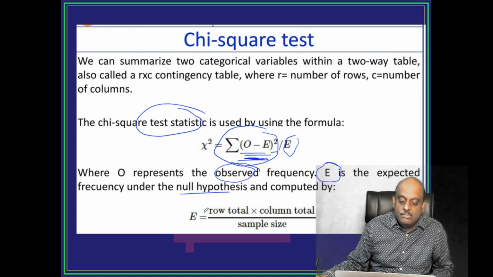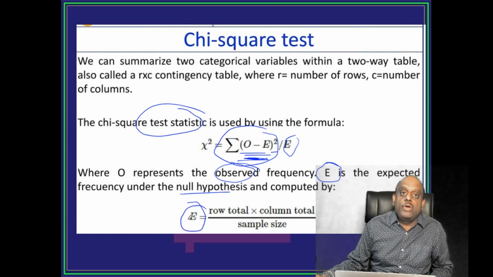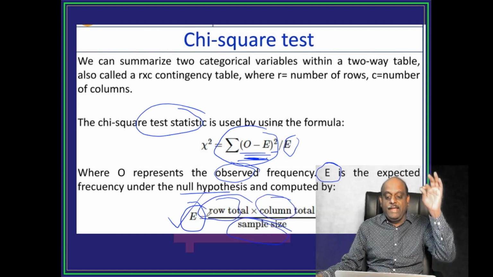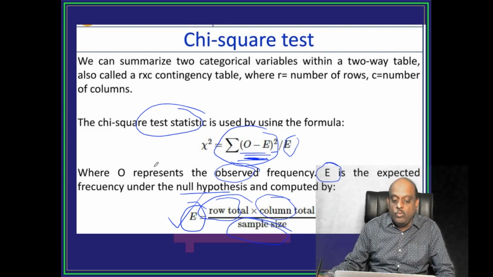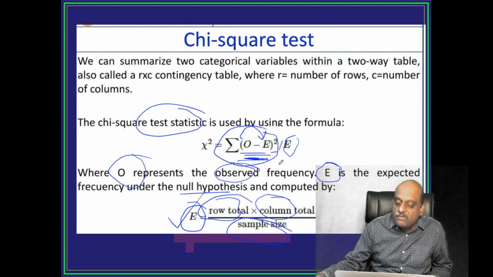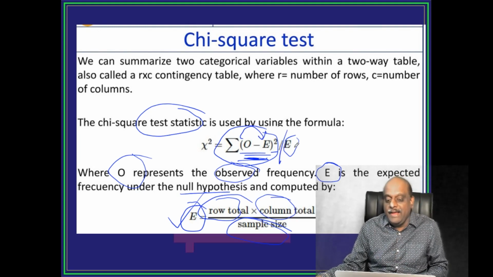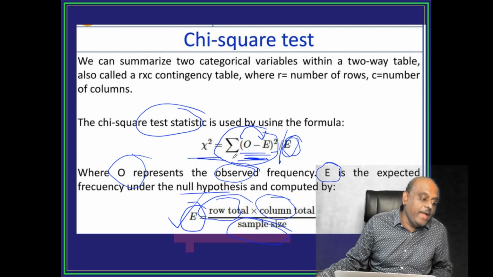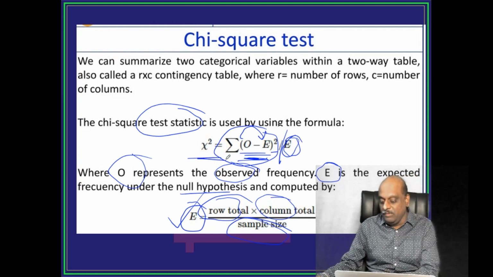And how do you calculate E? The row total into column total by sample size will give you the expected frequency. So O minus E whole square added up, divided by E, will give you the chi-square value, is what you need to remember.